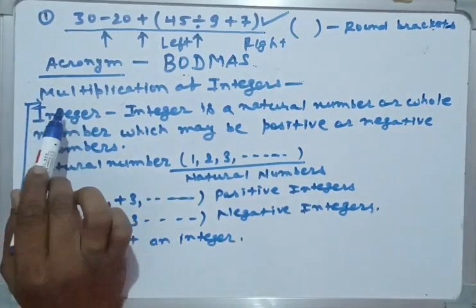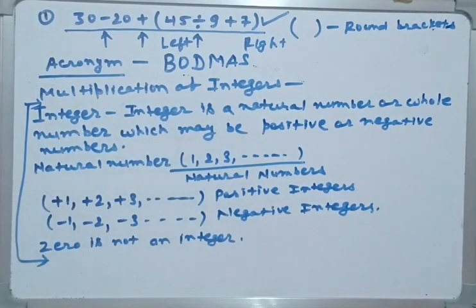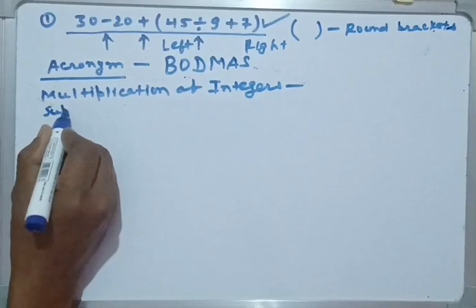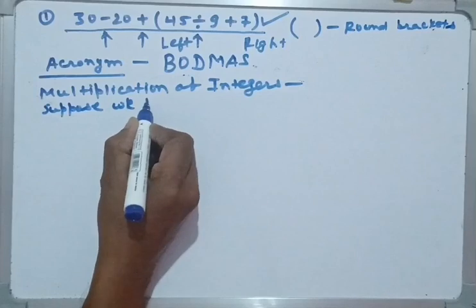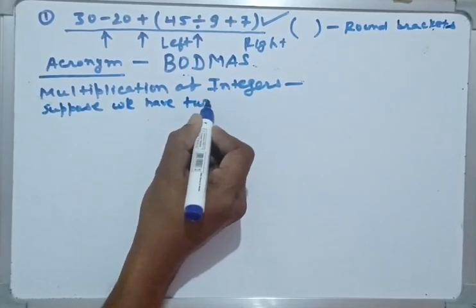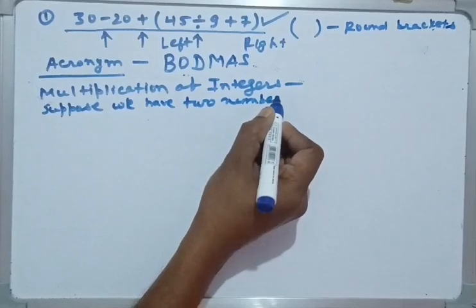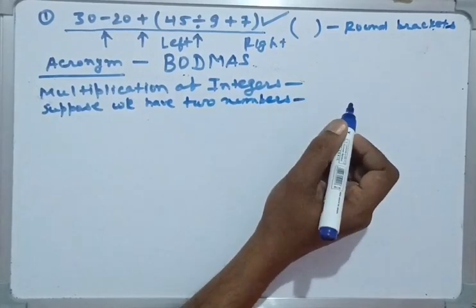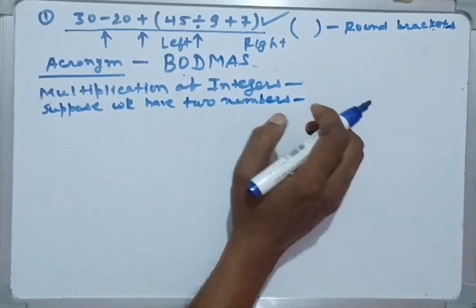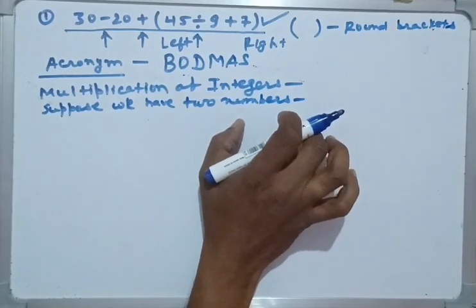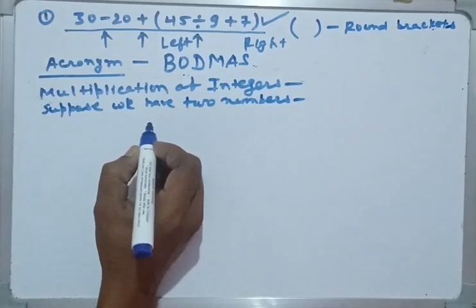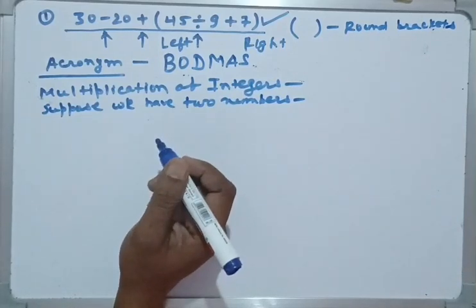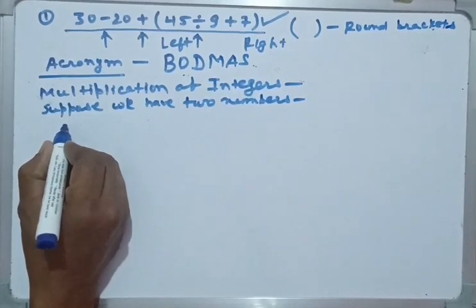So what does multiplication of integers mean here? See here, suppose we have two numbers, and there are so many conditions. Here the first number, or you can say integer, may be positive.